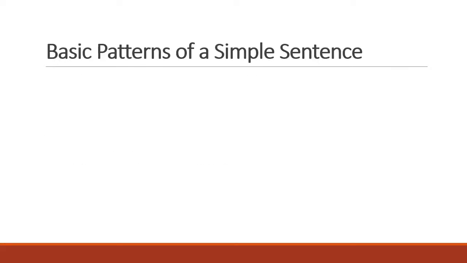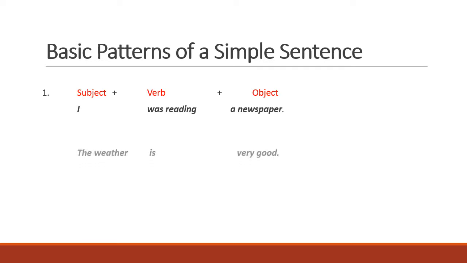Now let's try to understand the basic patterns of a simple sentence. One of the basic patterns of a simple sentence is something like this. I was reading a newspaper. So you have a subject, I, then a verb or a verb phrase, was reading, and an object, a newspaper. Or another pattern of a simple sentence can be this.